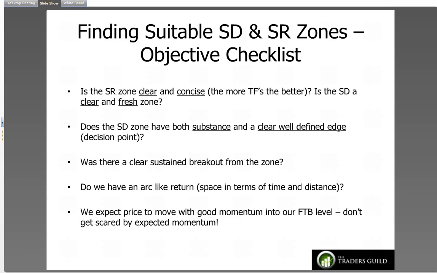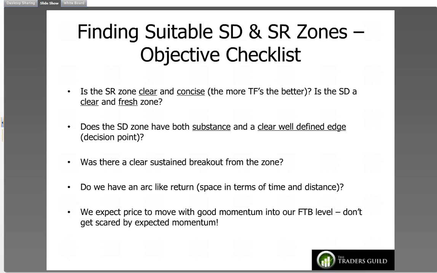And with a supply and demand zone, I also want it to have substance. By that, I mean essentially I need it to be meaty. I'm not looking for a tiny zone on a H1 time frame, because I know it will stand a lower chance of working out, because it doesn't take much to push through a tiny zone. I want to look at a zone and say, yeah, that can reverse price.